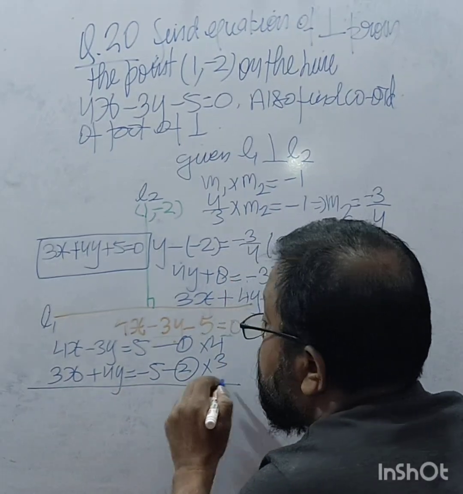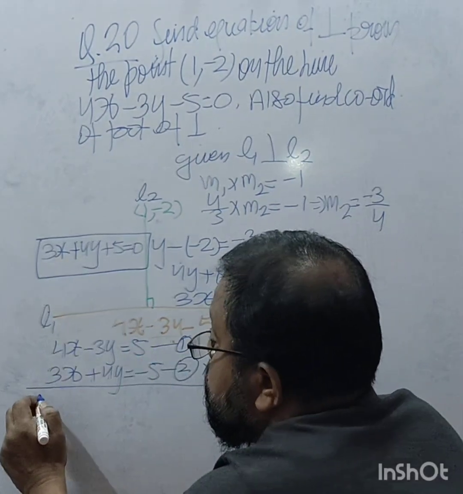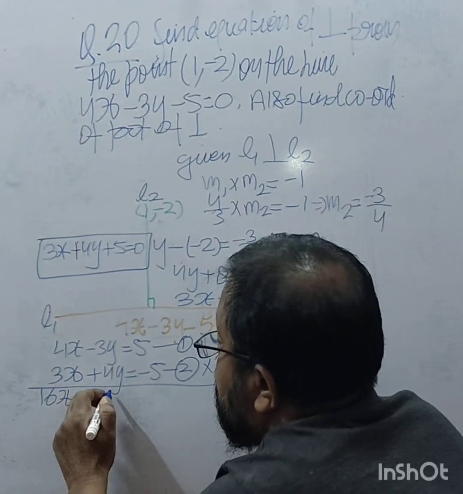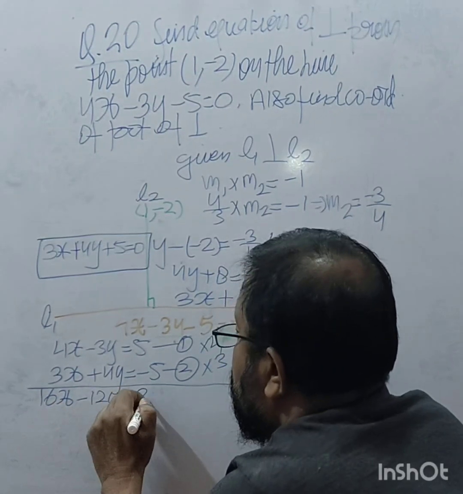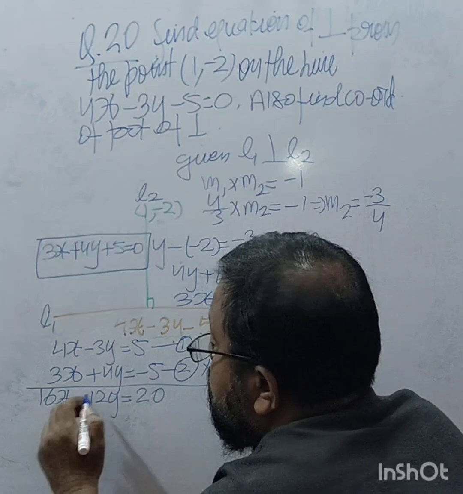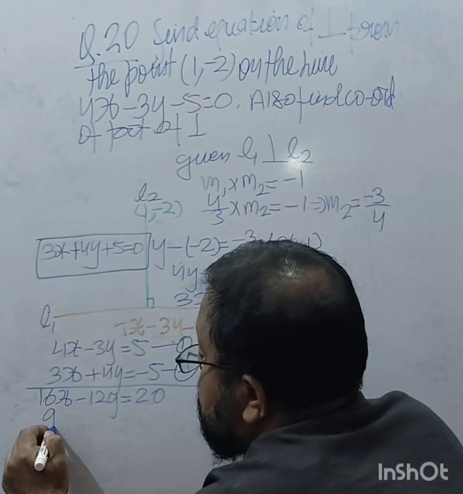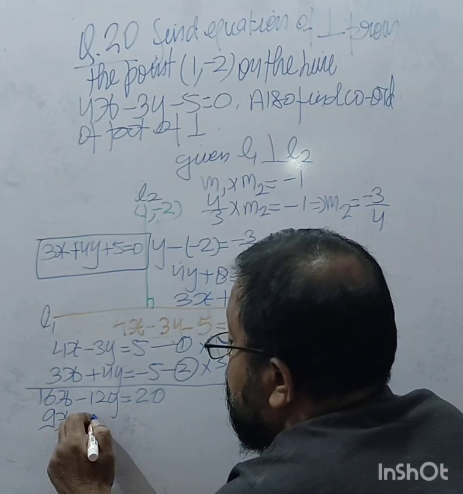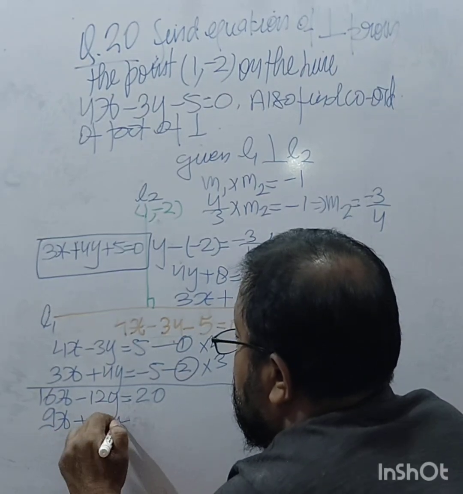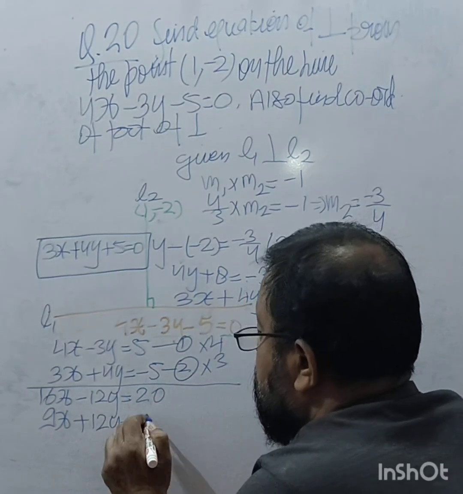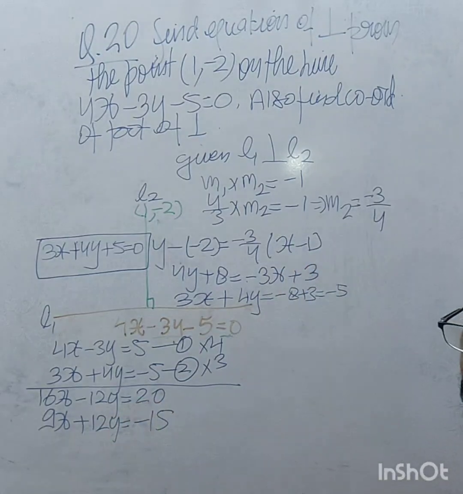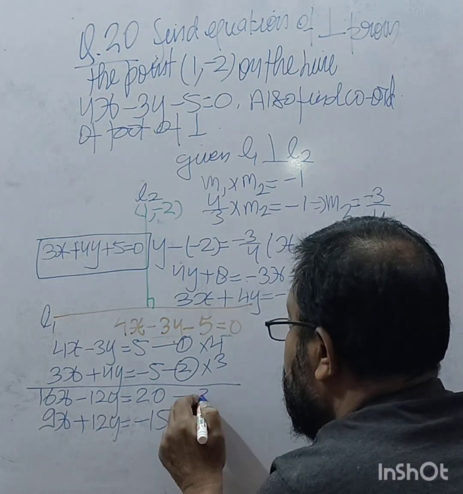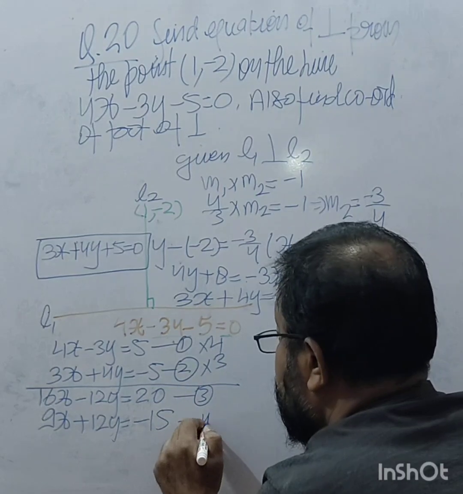So we will get how much? 16x minus 12y is equal to 20, and 3 times 3 becomes 9x plus 12y is equal to minus 15, right? So this is equation 3, this is equation 4.